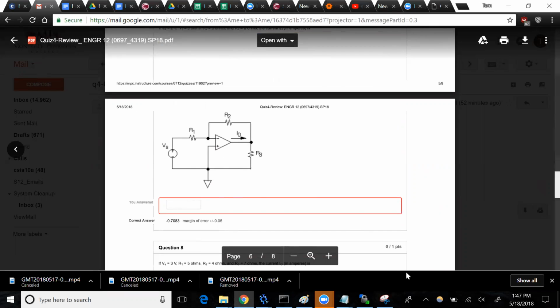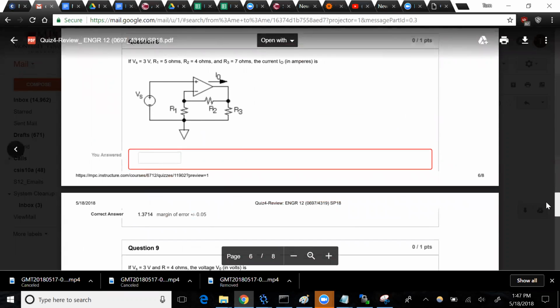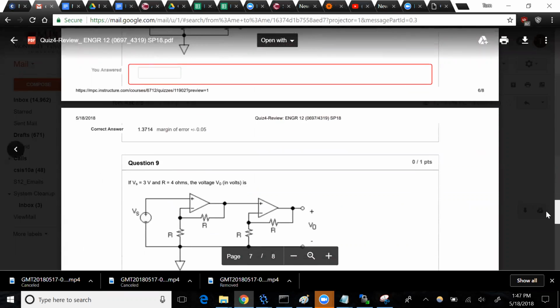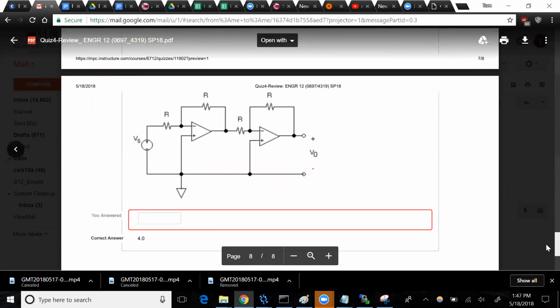I think it's a little bigger. 8 is 1.3714. 9 is 12. 10 is 4.0.